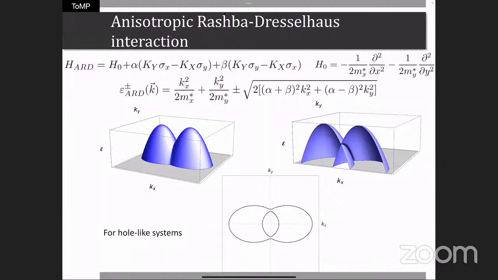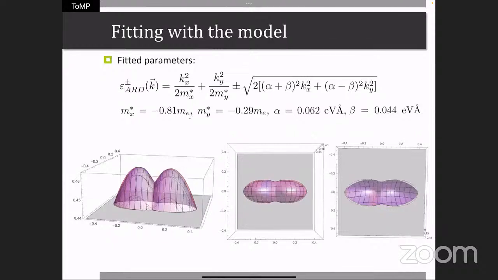Now, if we fit our DFT results with this analytical model, we get this kind of fitting. Three pictures of the fitting I have shown here, with mx star equals this much, my star equals this much, and the Rashba and Dresselhaus coefficients are given by this. So the Rashba and Dresselhaus coefficients are sizable, not huge, but it shows quite interesting effect in this system.